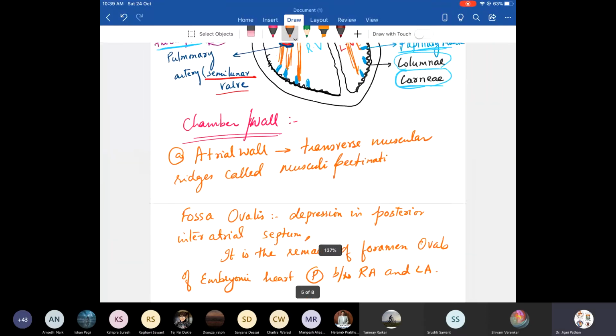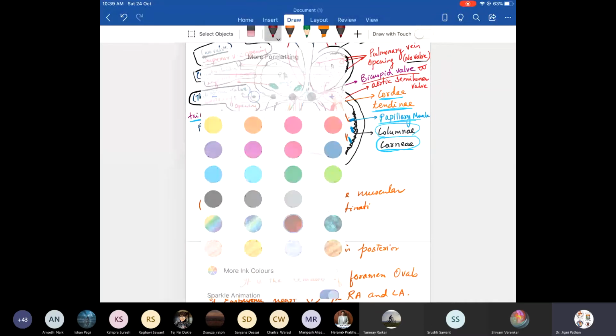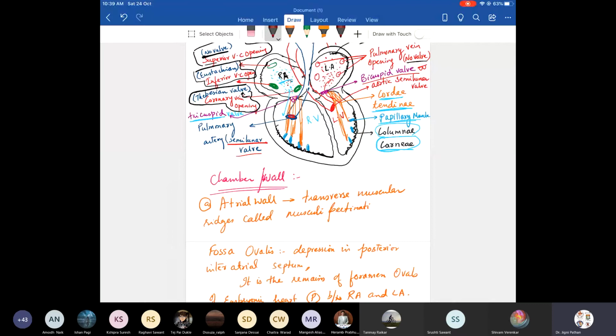In the right side of the wall, there is a kind of depression. Let me draw it in dark red. Somewhere on the wall of the interatrial septum between the right auricle and the left auricle, which divides the two auricles, there is a depression or marking, and that marking is called fossa ovalis.